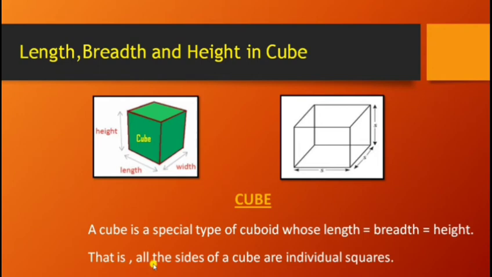All the sides of a cube are individual squares, so all the sides will be of similar dimension. This way we relate length, breadth and height as S only.